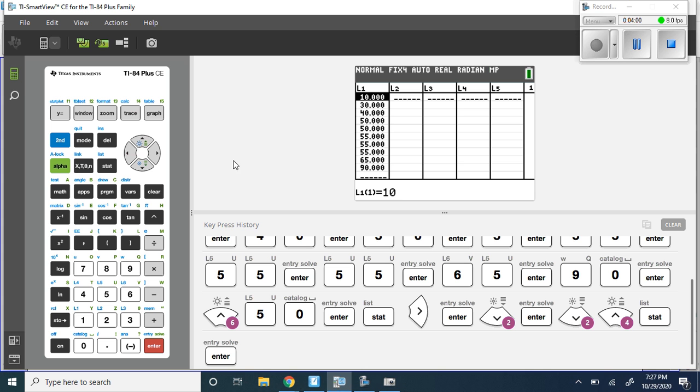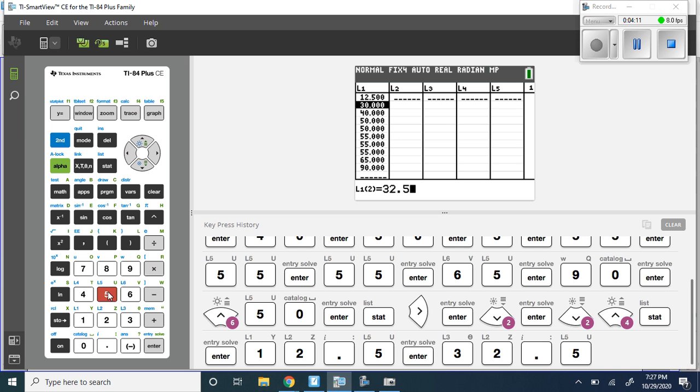So 10 plus 2.5 is 12.5. All right, so 30 will be 32.5. That would be 42.5.